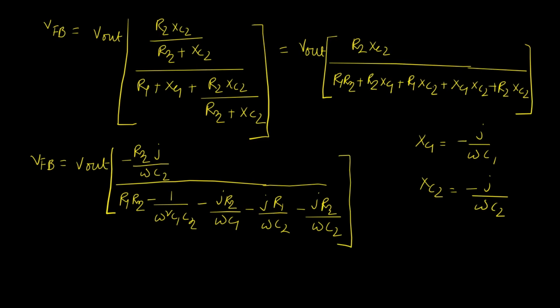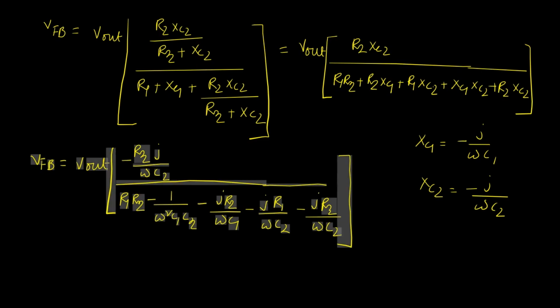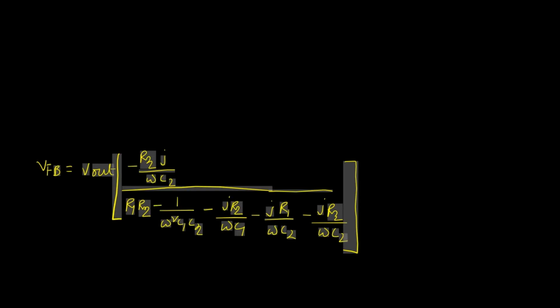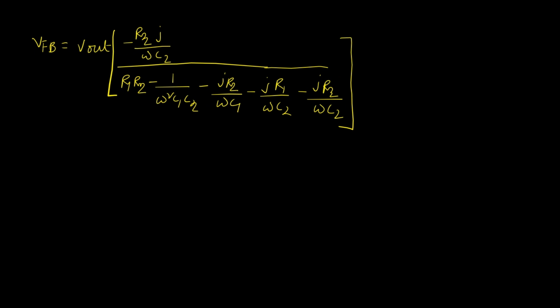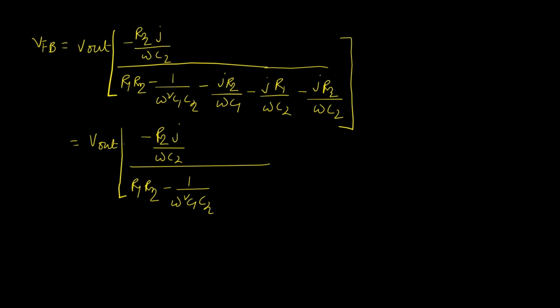VFB is equal to V out into minus R2 j by omega C2, divided by R1 R2 minus 1 by omega square C1 C2, minus j into R2 by omega C1 plus R1 by omega C2 plus R2 by omega C2, right?